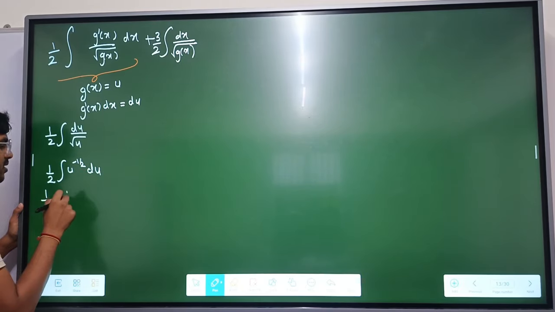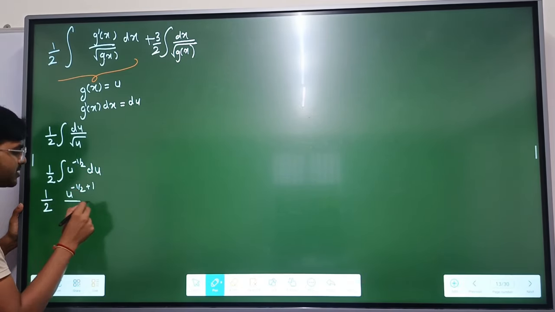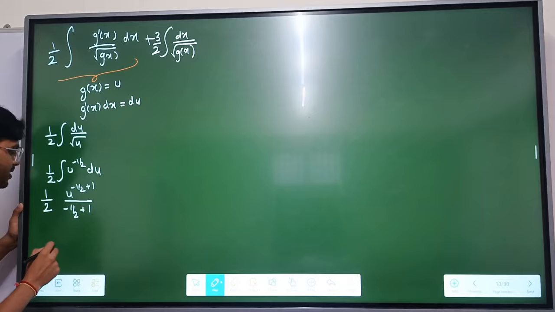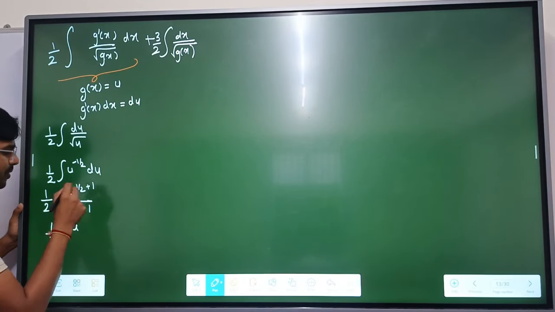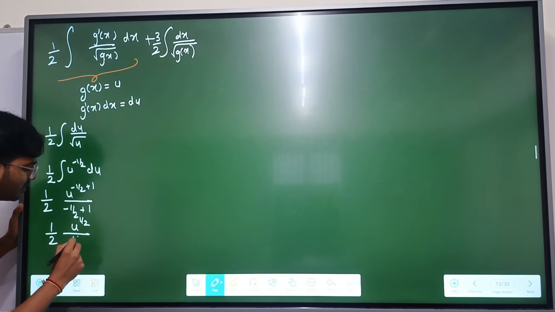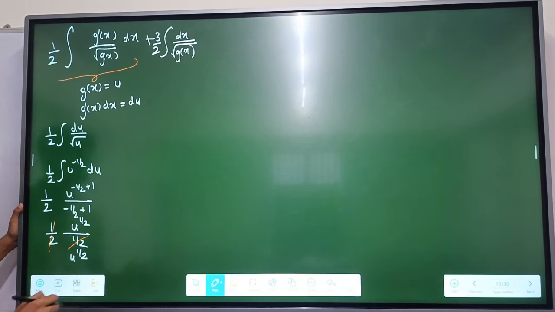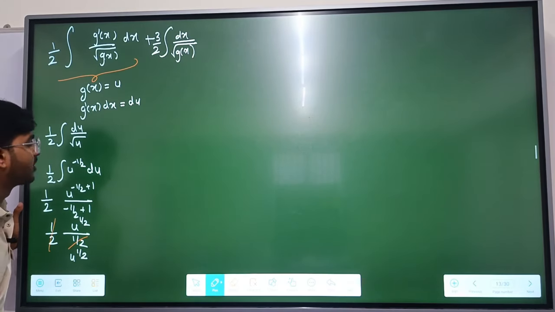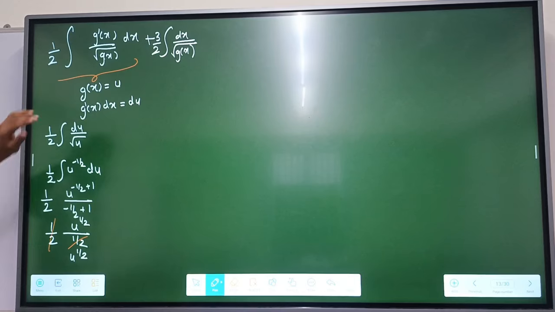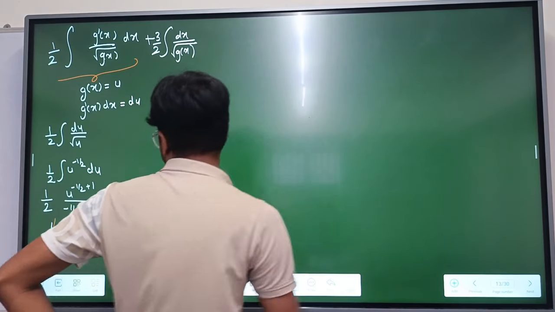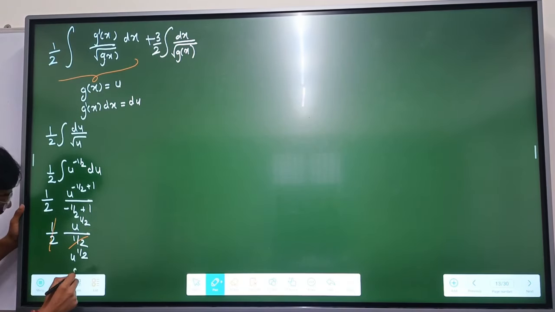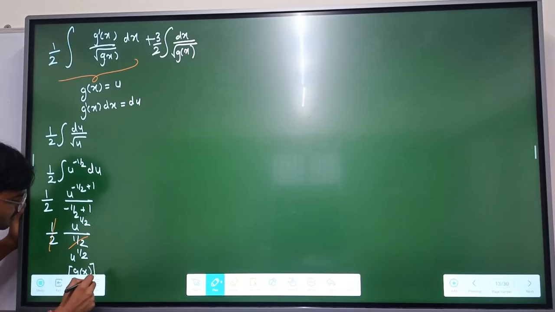So 1/2 times u^(−1/2 + 1) divided by (−1/2 + 1), that is 1/2 times u^(1/2) divided by 1/2. So the 1/2 cancels. So this will be equal to u^(1/2). And u is g(x), so it will be g(x)^(1/2). So this integral value is g(x)^(1/2).